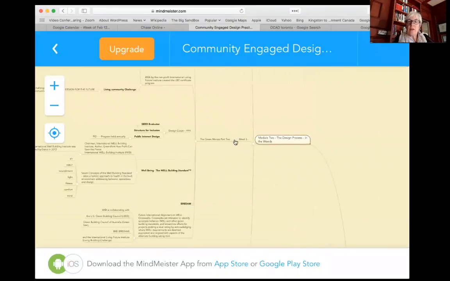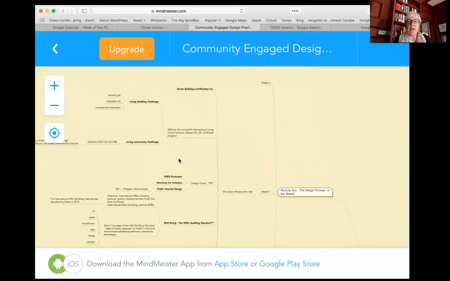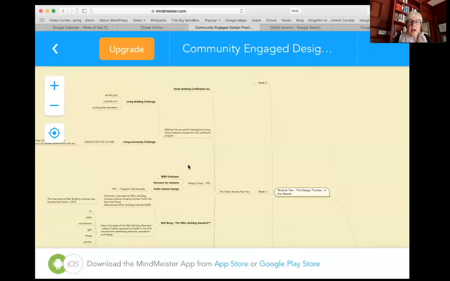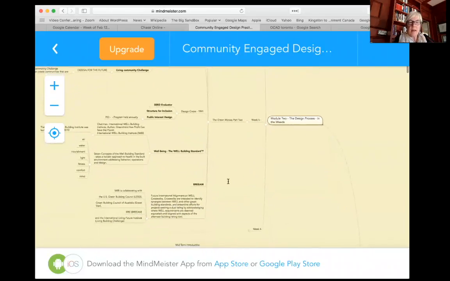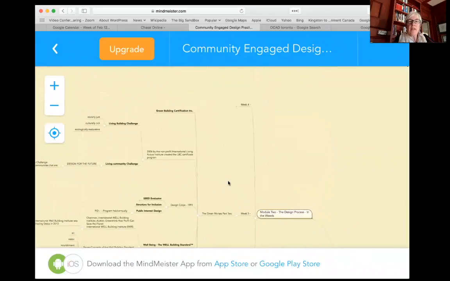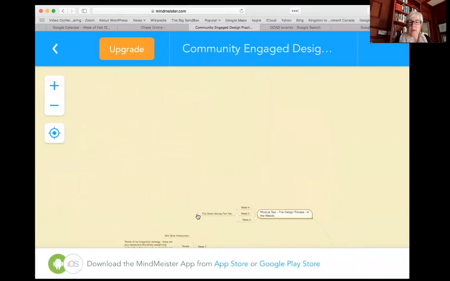Then moving into week 5, looking at some of the more up-and-coming components: Living Building Challenge, SEED, Evaluator, Well Building, BREEAM, and the idea that all of these are starting to fall under the U.S. Green Building Certification Program, and acknowledgement that all of these different components need to be looked at as one.